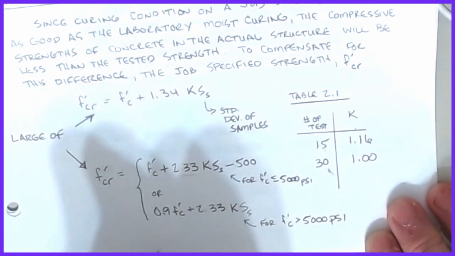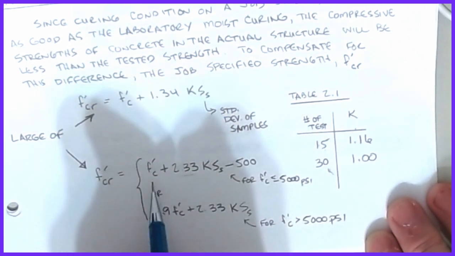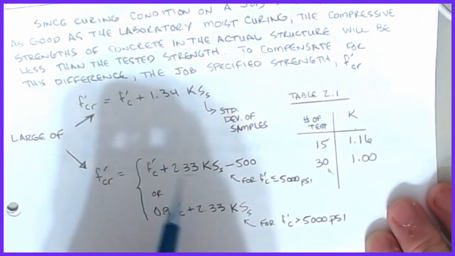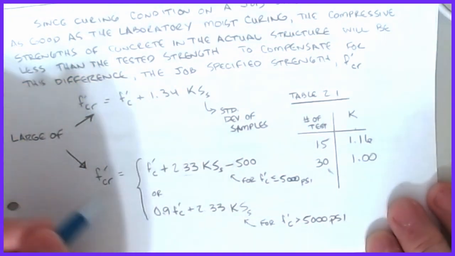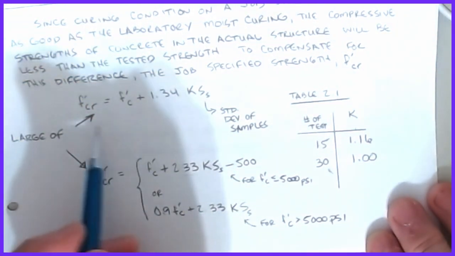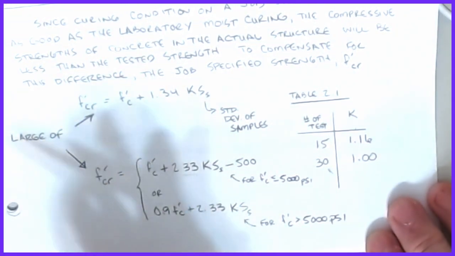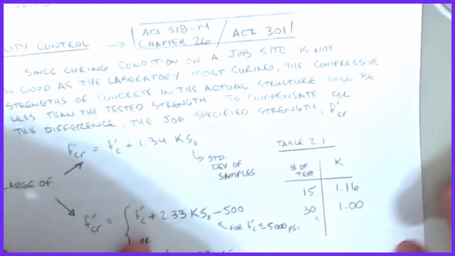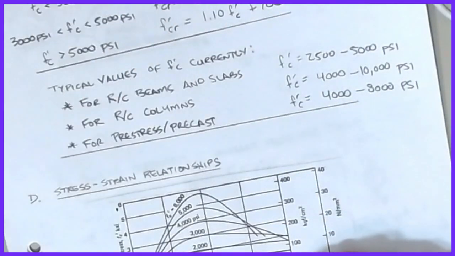If I call for a 10,000, I may get a 12, whereas if I call for a 4, I may get 4,500. Based on the quality control, you're allowed to take the larger of those two values as your f'c for the estimate on the site, as a kind of predictive model.